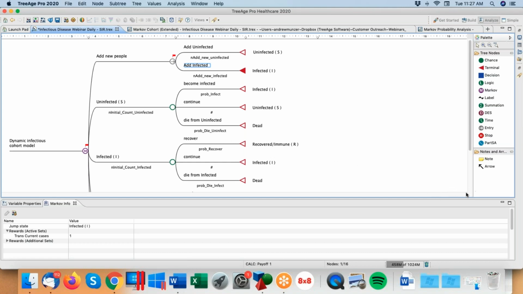Is it possible to perform sensitivity analysis? Yes, absolutely. This is a calculation of the model. It's difficult to look at sensitivity analysis day by day, but you could look at the total infections over time as parameters change. So absolutely, you could build sensitivity analysis on top of this.